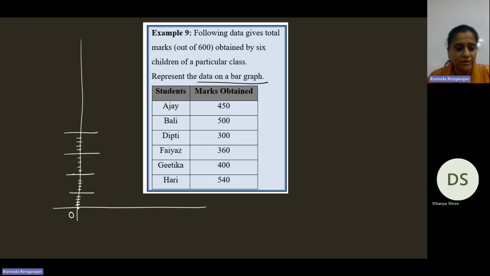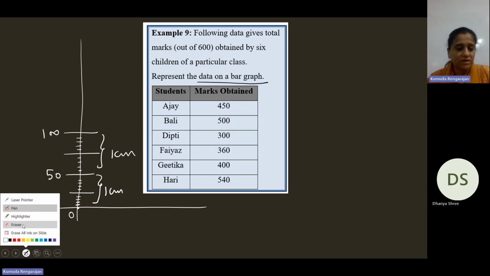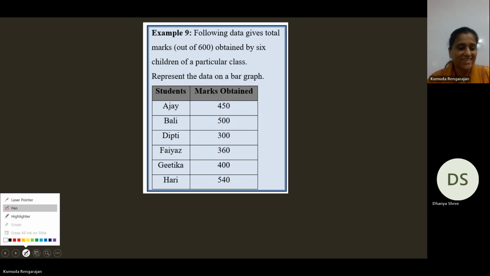This is the main line. This is only 1 centimeter. It looks big, but there will be so many divisions. This is 1 centimeter. Okay, so this is 50. This is 100. Let me reduce it so that I don't confuse.